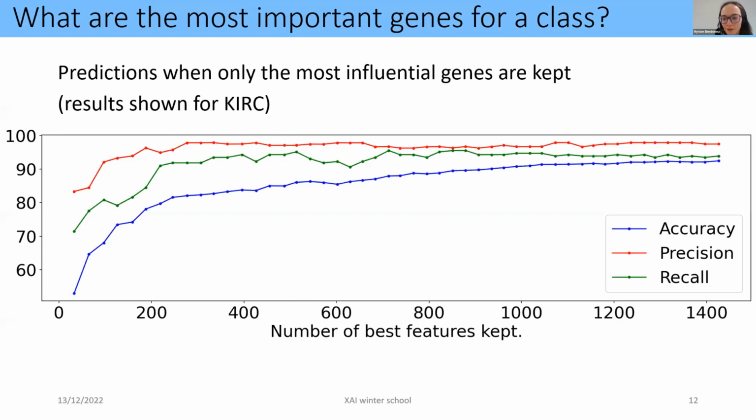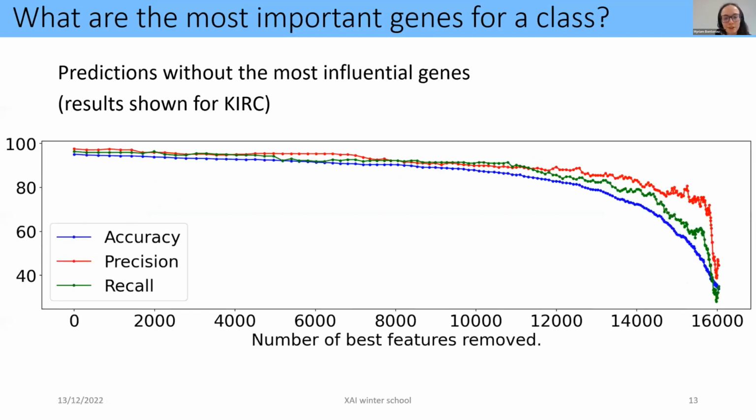But indeed, we did another experiment, which is the contrary. Instead of keeping the best features, we removed them. So here we have all features. Here we removed 10 features, so the 10 most important features per class, etc. And we see that the performance decreases only when we have removed 10,000 features.